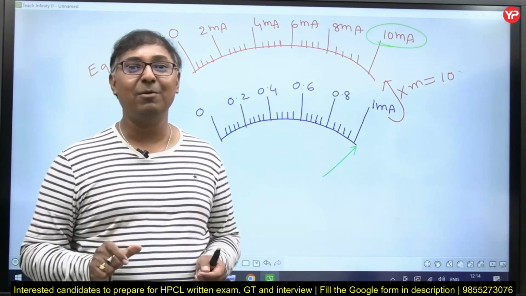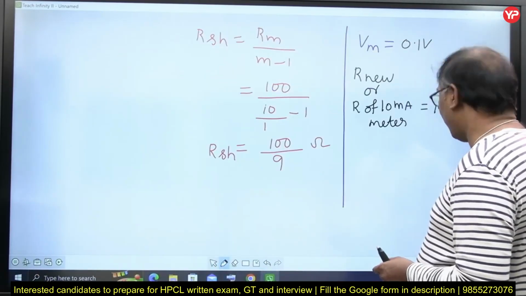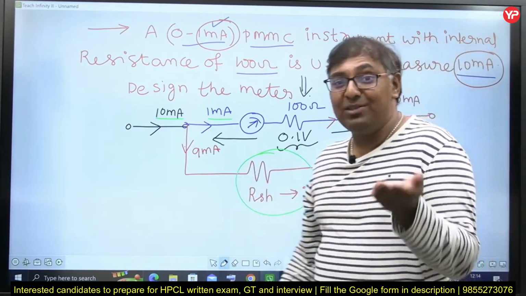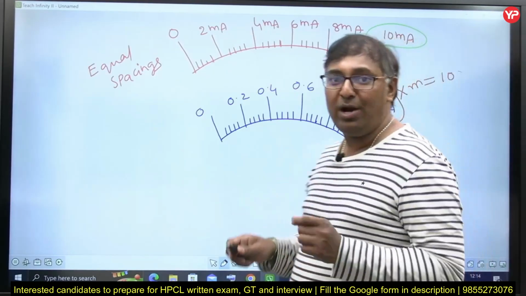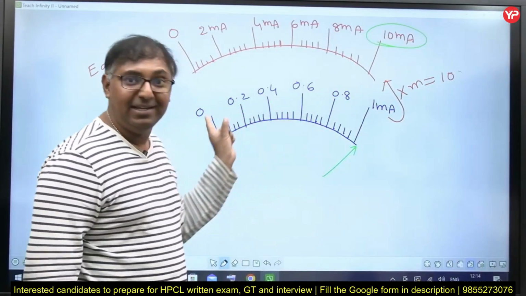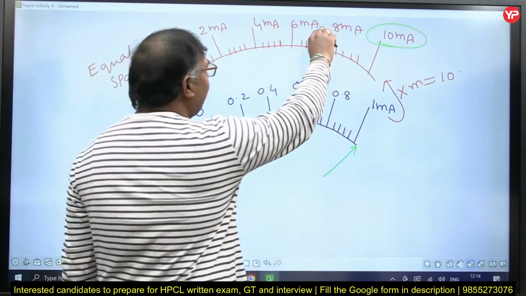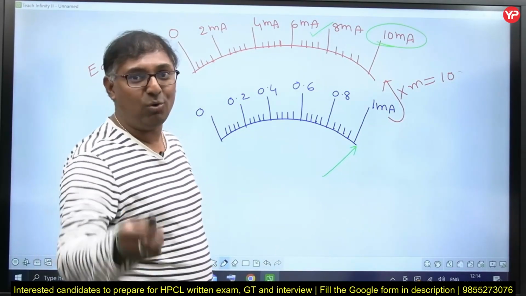He will manufacture that much resistance first and connect it in parallel to the meter like this. And the available scale, he multiplies with the multiplication factor and prints the new scale.